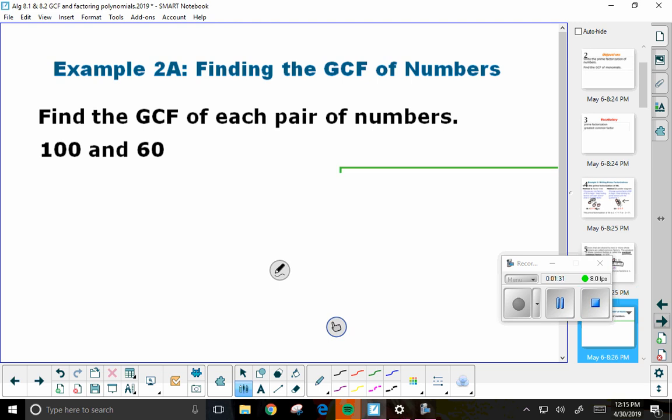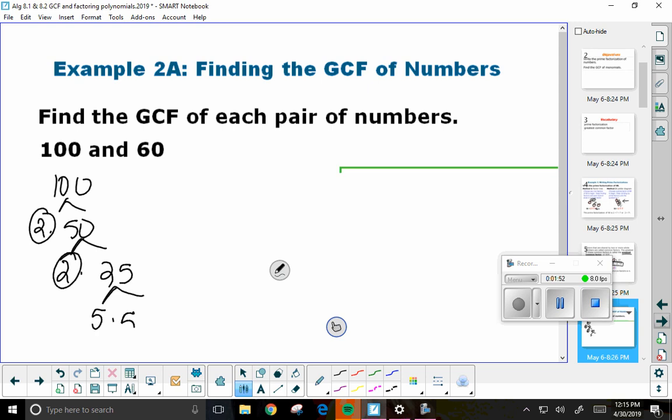So if we were trying to figure out what the greatest common factor of 100 and 60 is, we would say, okay, 100 is 2 times 50. 2 is a prime number. 50 is 2 times 25. That's a prime number, and 25 is 5 times 5.